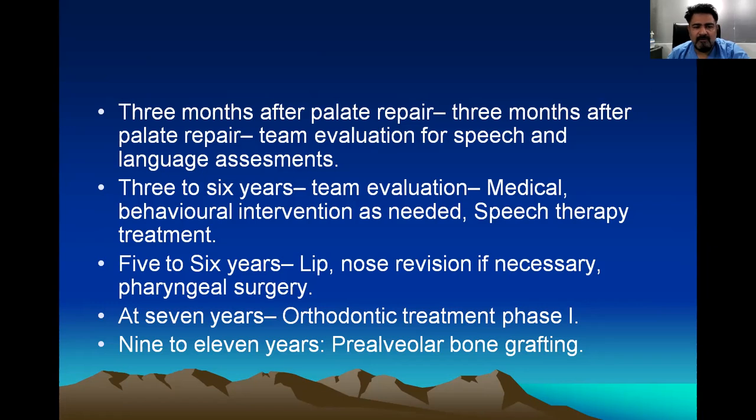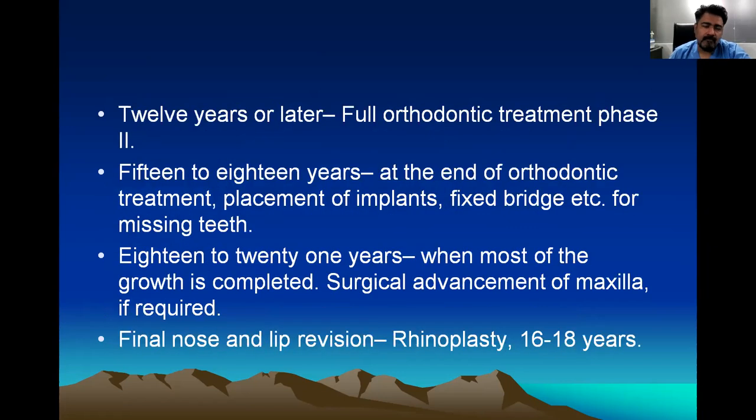Medical behavior intervention is needed. Speech therapy is at 5 to 6 years. Lip and nose revision if necessary, or pharyngeal surgery. At 7 years, the orthodontic treatment phase. At 9 to 11 years, pre-alveolar bone grafting if required. At 12 years or so, the full orthodontic treatment phase.